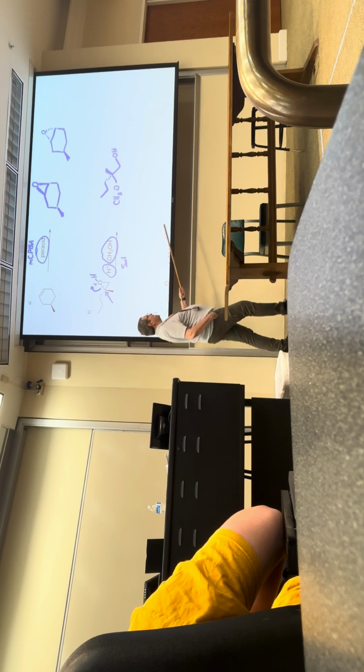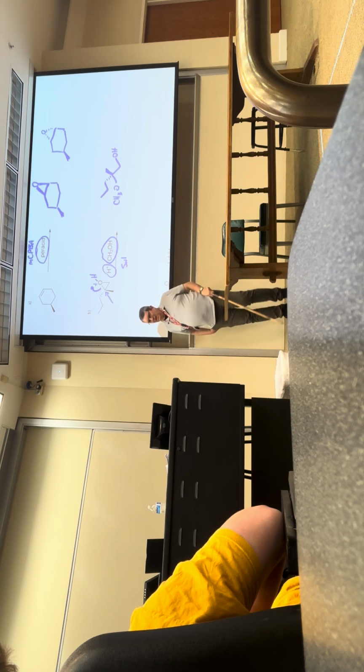Remember, you want your wedge and your dashed lines to be on the same side of the chain. You don't want one of your wedge lines down here and the dash line up there. So the easiest thing to do is, if you think of this as being on top, this has to be on the bottom.